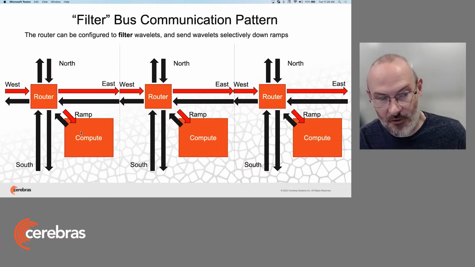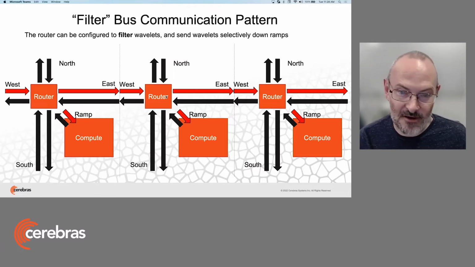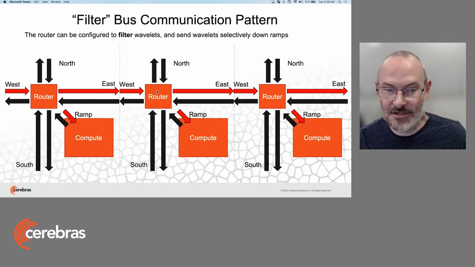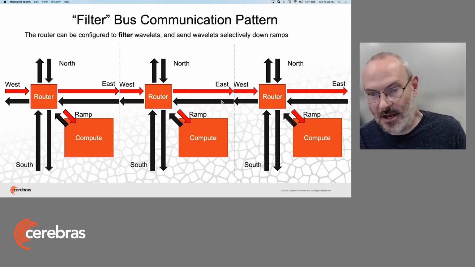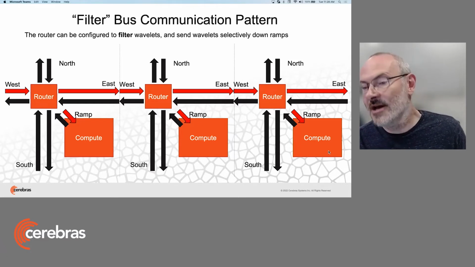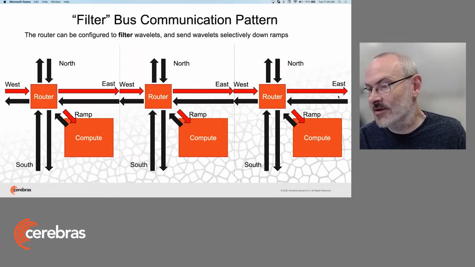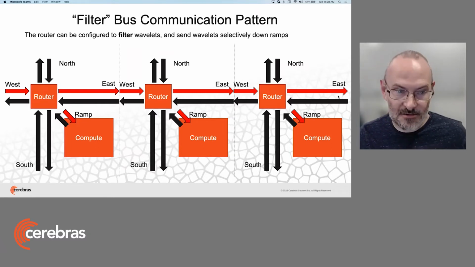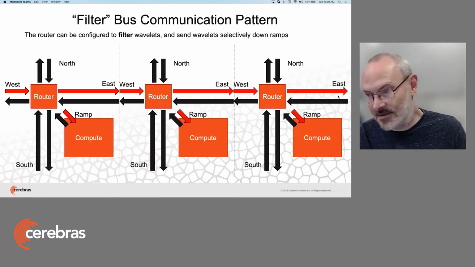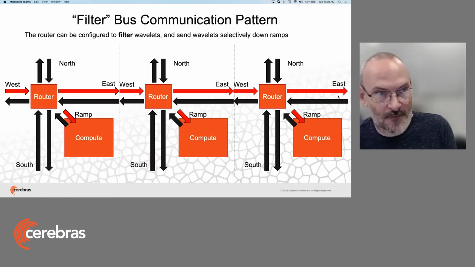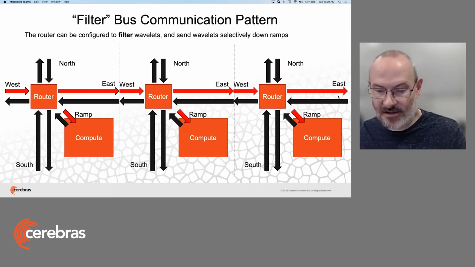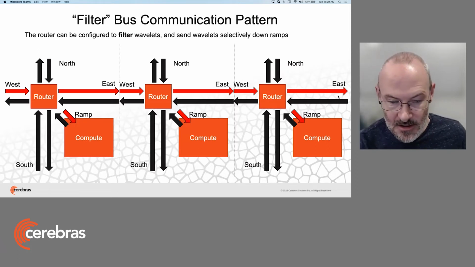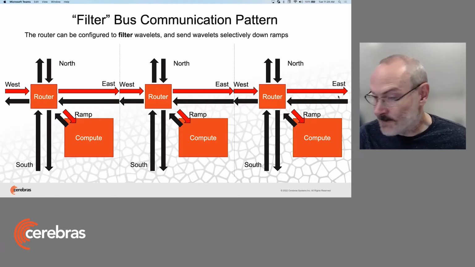So the first 10 have all gone down the ramp here, and the second 10 arrive here. So maybe you're sending 30 in total. The next 10 go down here, 10 arrive here. They get sent down the ramp, and any more get sent to the east. So this is a system where you can set up a quite powerful filter that decides how things get directed as you're sending them. Any questions there?